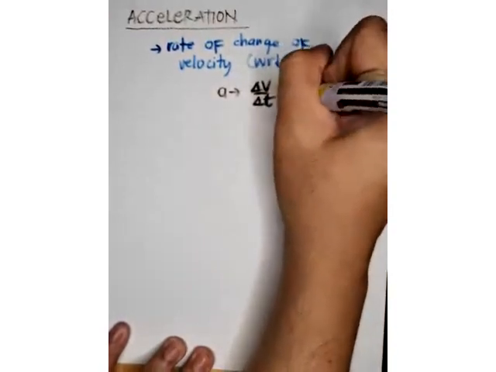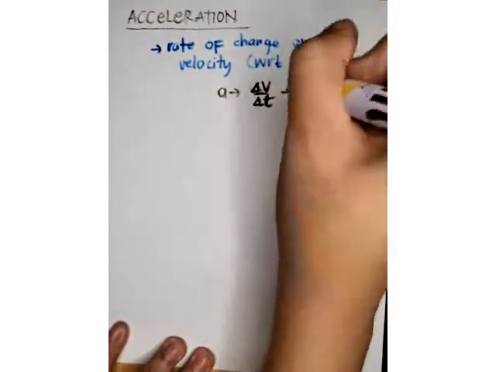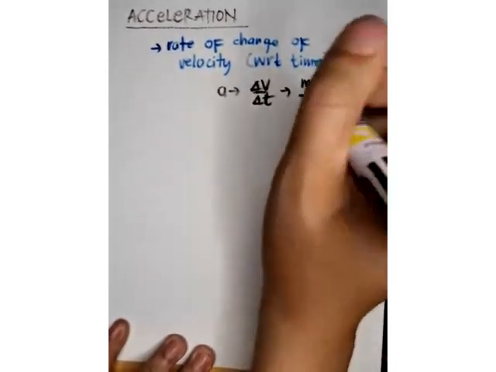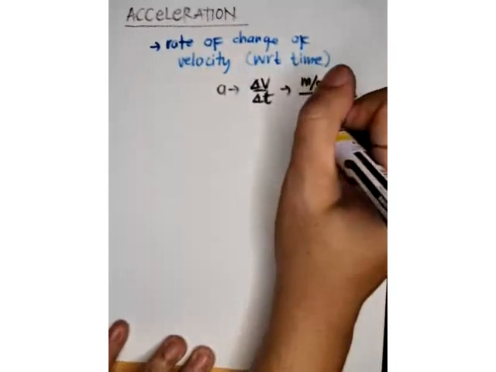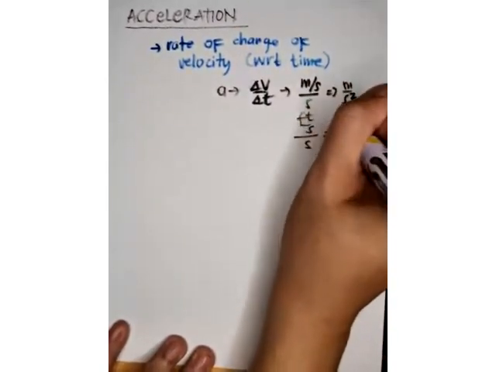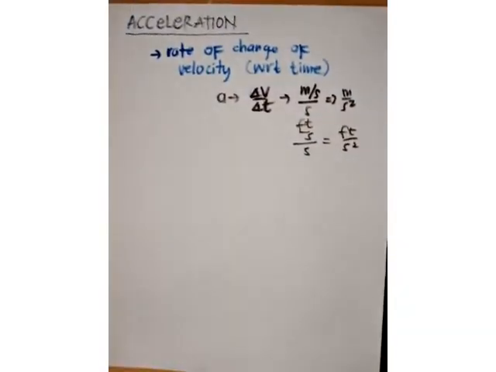So therefore, ang velocity ay in SI, it's in meter per second. At in time natin is second, kaya siya naging meters per second squared. So sa English naman, that's foot per second all over second, kaya siya naging foot per second squared. So by definition, acceleration is the rate of change of velocity, of course, with respect to time.